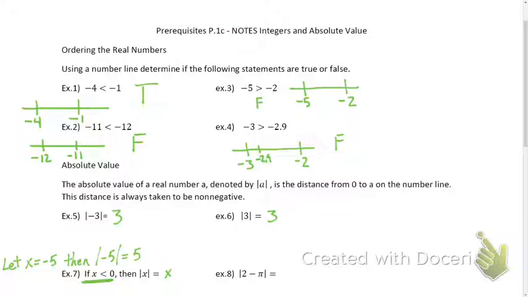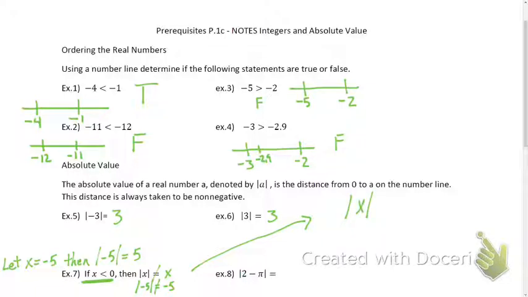Look at what's wrong with writing just x as the answer. If I plug in my example of -5, I get a false statement. Absolute value of -5 is not -5. That's false. So the real answer, let's move over here, I'm out of room, is if I plug in -5, I want to get +5.